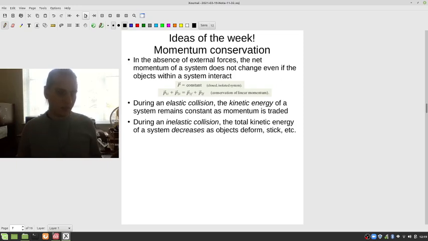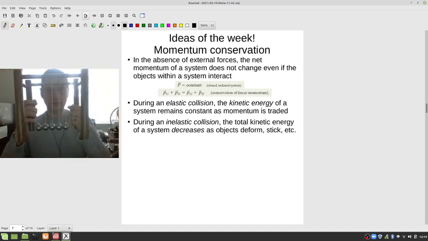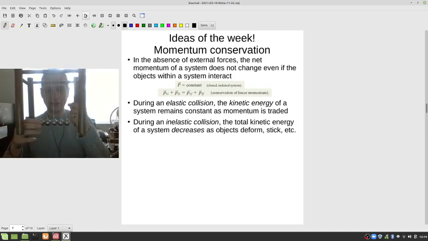And we said there's two different types of situations. One of them is called an elastic collision, and one is called an inelastic collision. And I want to give you this little toy. It's called Newton's cradle, and here's an elastic collision, approximately.